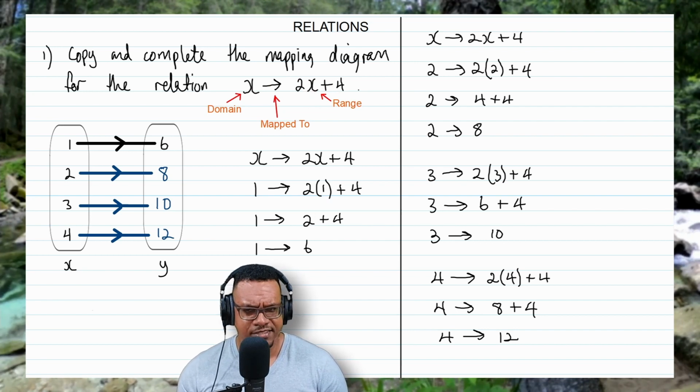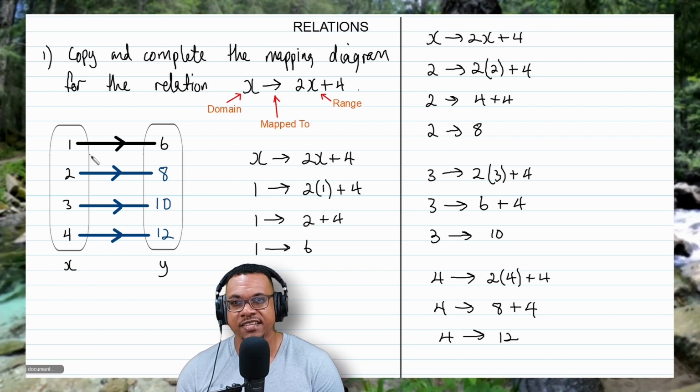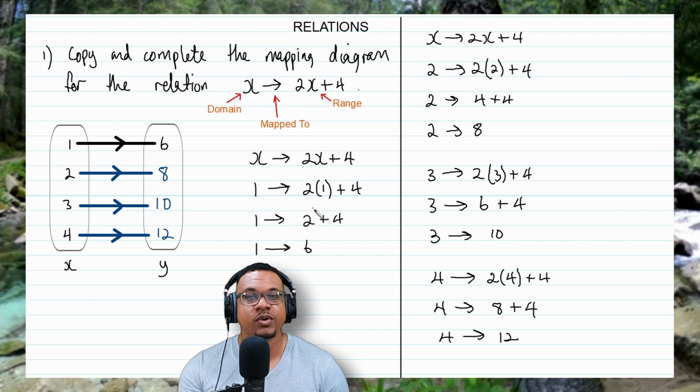Now, I'd just like to highlight something here. We said that this x here is the domain because the arrow always points from domain to range. So x here is the domain, and this 2x plus 4 is the range. Now, the domain would be your x values, and your range would be your y values. So this 2x plus 4 gives the y values. So that means that y is equal to 2x plus 4.